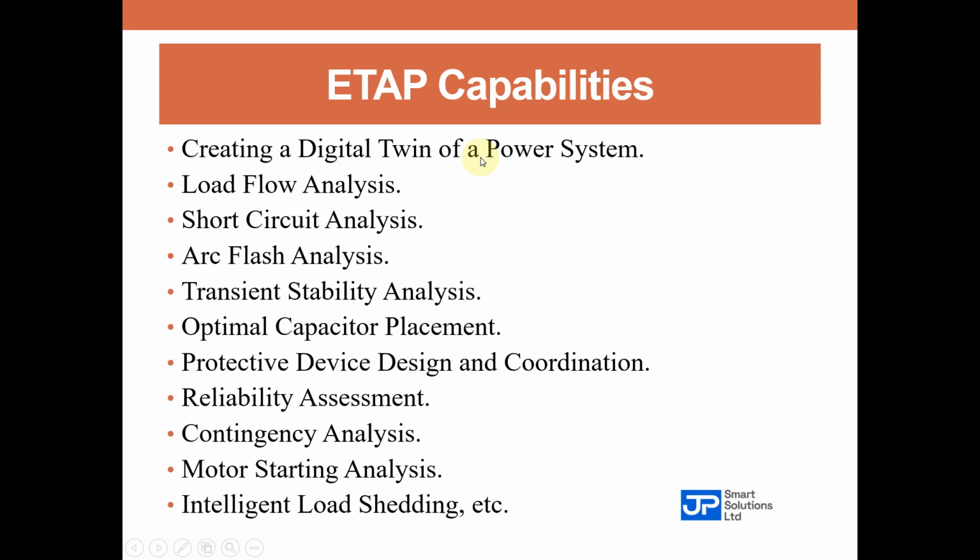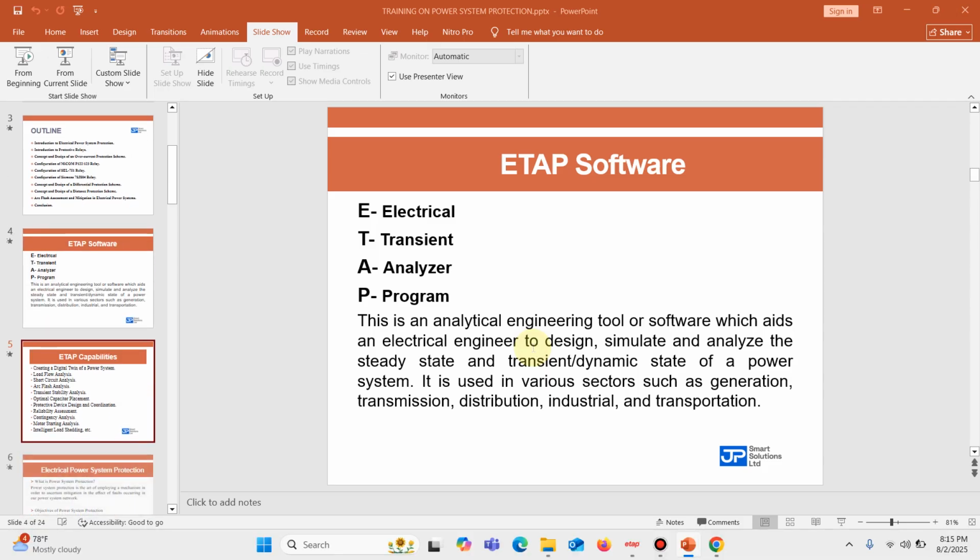So I'll be switching to ETAP software and just showing a few basics on how to model a system, because before we can design our protection scheme, we must first of all model this system. We must create a digital twin of the power system before we can talk about designing the protection scheme. So I'll be switching to ETAP software now.